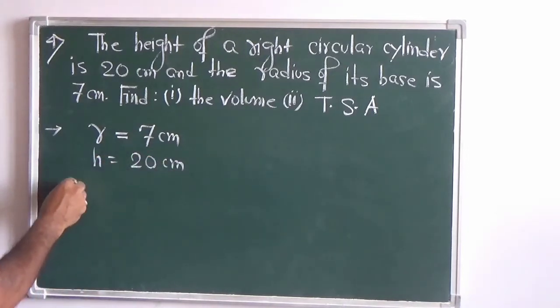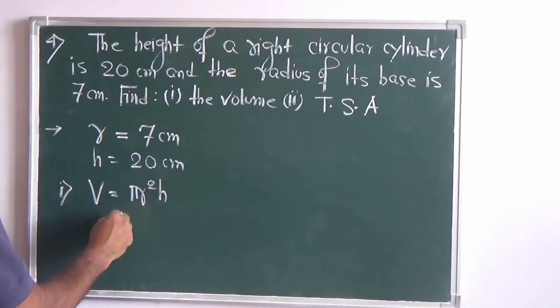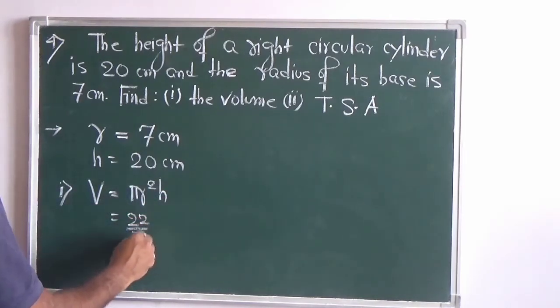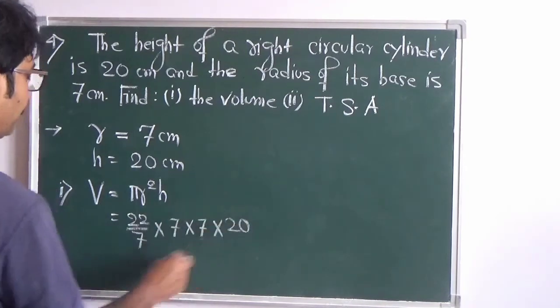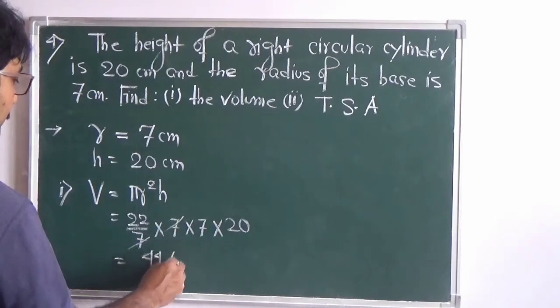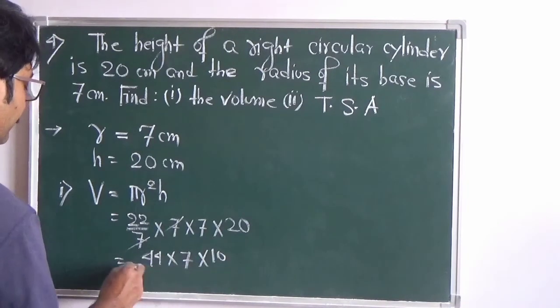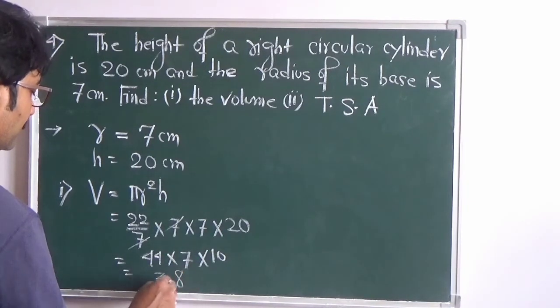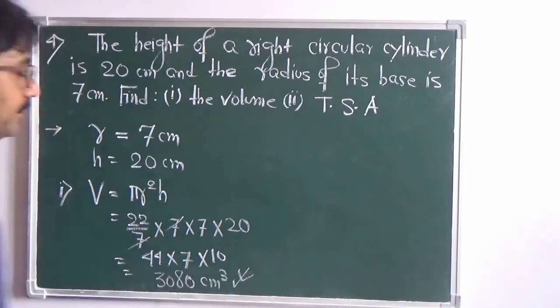First we need to find the volume, that is pi R square H, 22 by 7 multiplied by 7 into 7 into 20. 7 and 7 cancel, so it is 44 into 7 into 10. So it is 3080 centimeter cube, the volume of the cylinder.